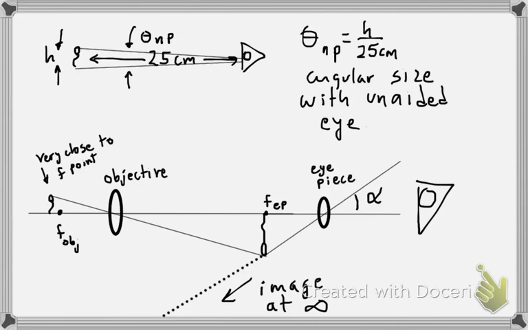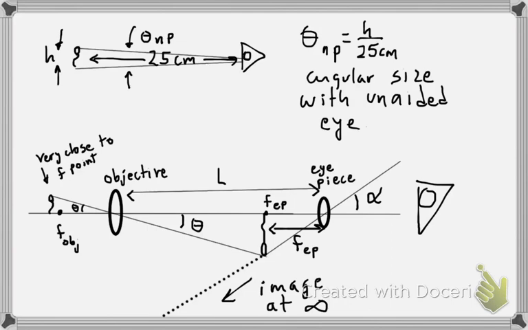The observer, when the person looks at the bug through the microscope, is going to see an angular size of alpha. So the length or the distance between the two lenses, or the length of the microscope, we're going to call it capital L. The distance between the intermediate image and the eyepiece is going to be the focal length of the eyepiece.